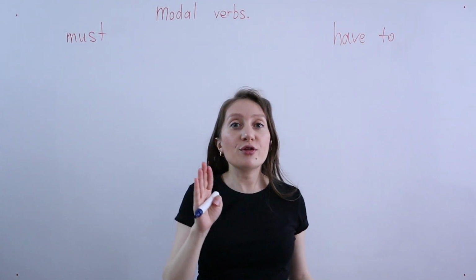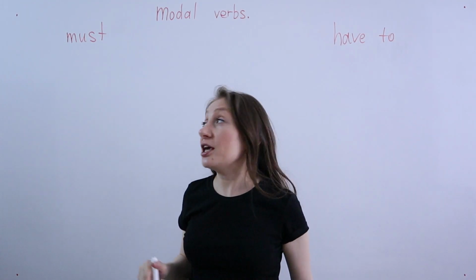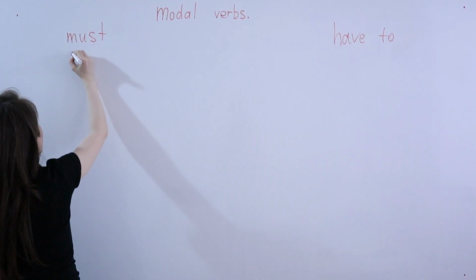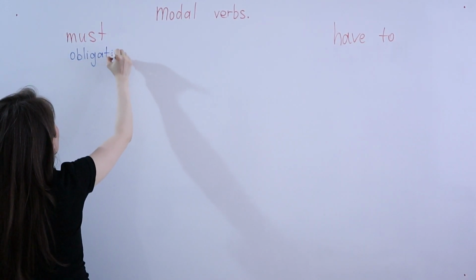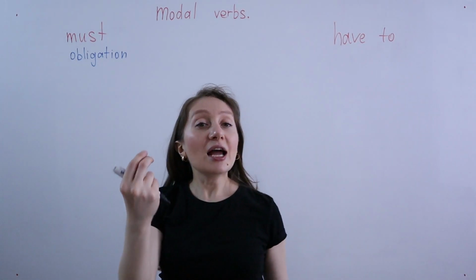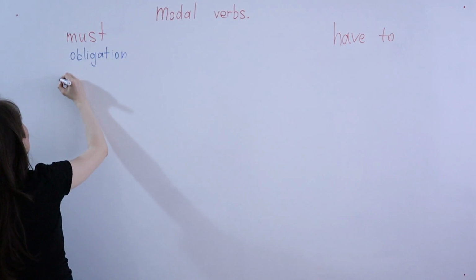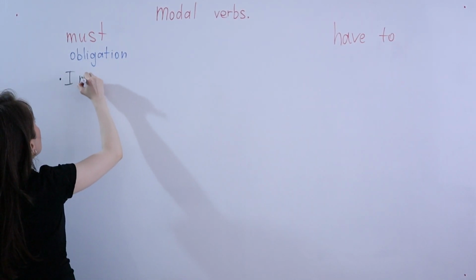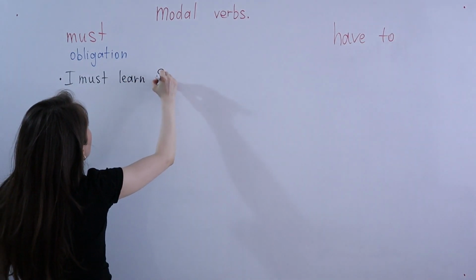So we use the verb must, you remember what? When we talk about obligation. So I will write obligation. And let me write the example. Very easy example. I must learn English.